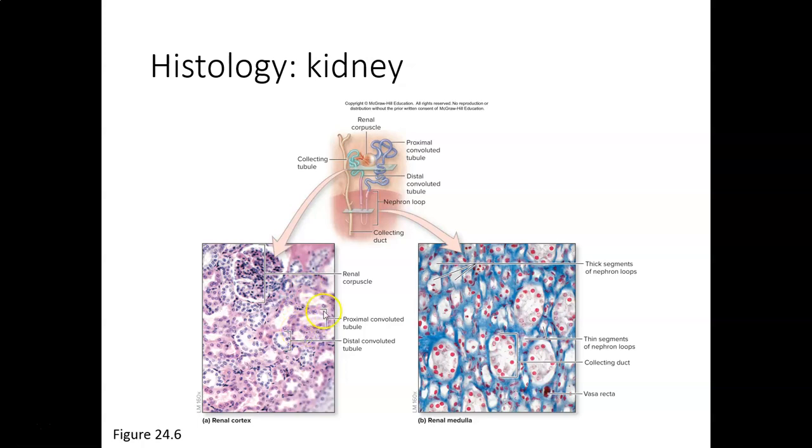Well, I'm not going to ask you to distinguish which one is which, but you should be able to tell it's kidney tissue, not another organ, because if you see the glomerulus or the renal corpuscle, then you see the cross section of a bunch of ducts, okay, that is a kidney.